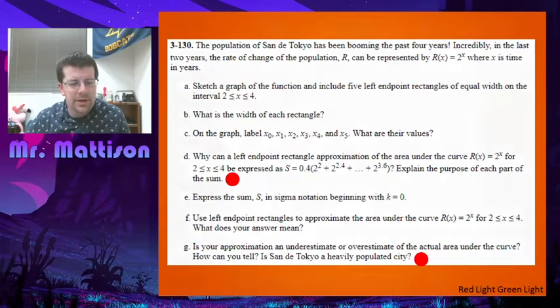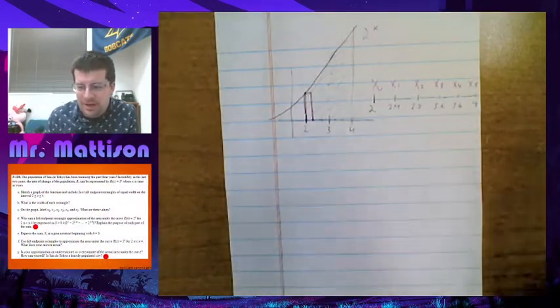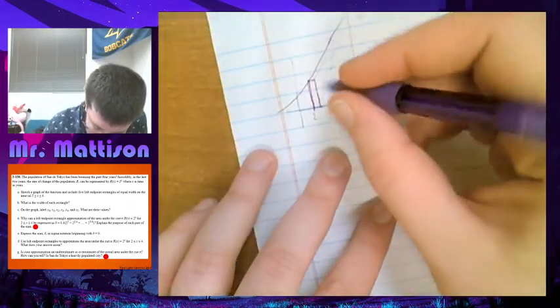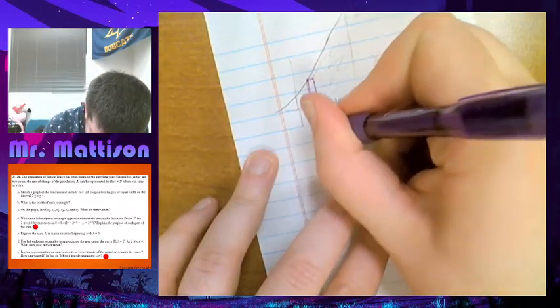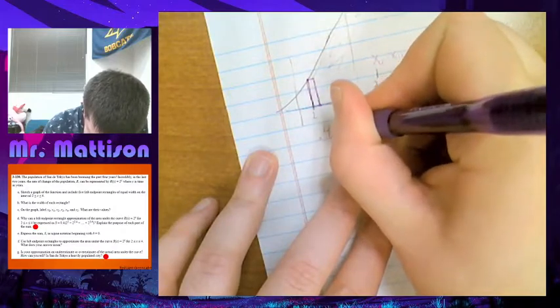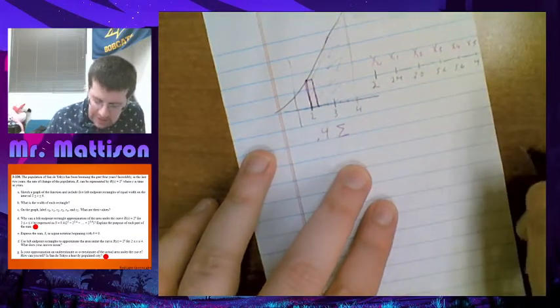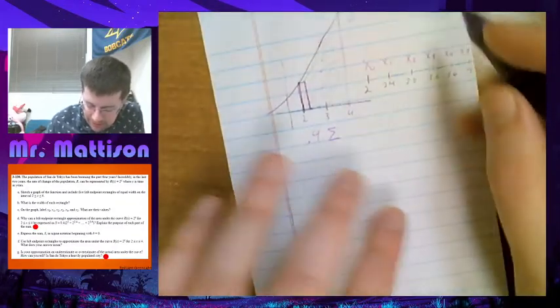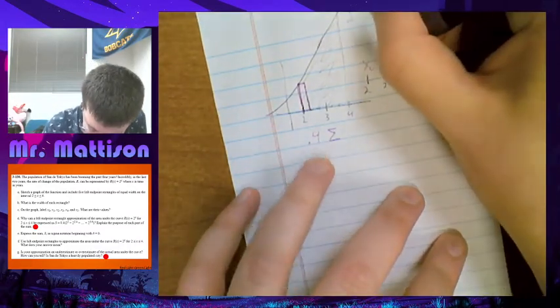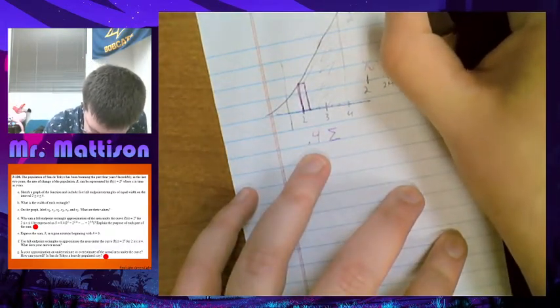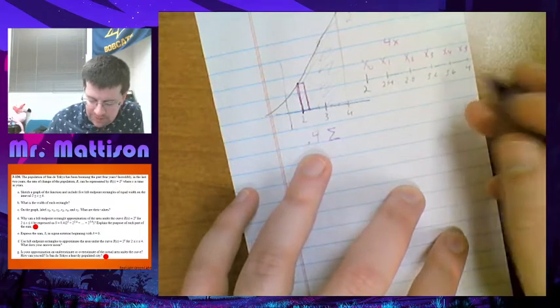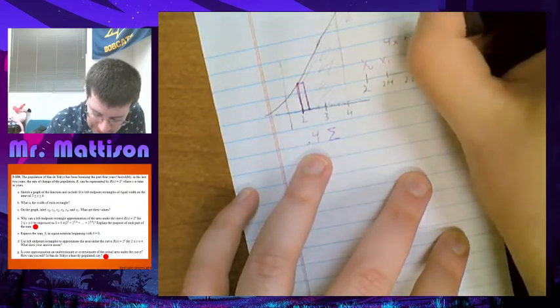Hopping back over here, if I want to go down to the part where I'm trying to write a summation for it, I'm going to have 0.4 times my summation. And I want to follow the pattern here. I'm going up by 0.4, so that's 0.4x, and I'm starting at 2, so plus 2.